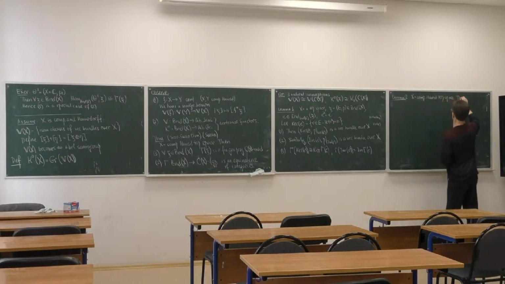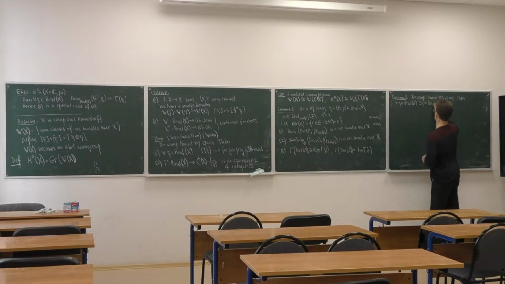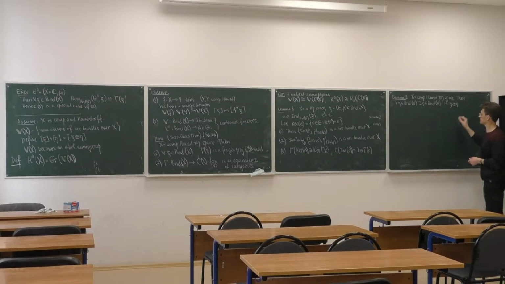Then, for every vector bundle psi over X, we can always find another vector bundle eta over X, such that their Whitney sum is trivial.